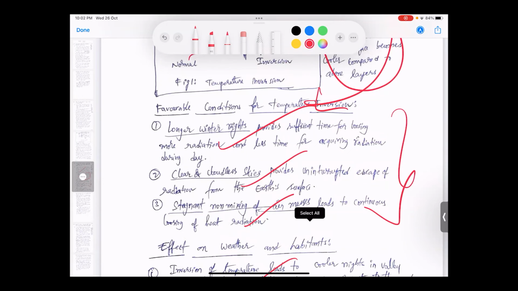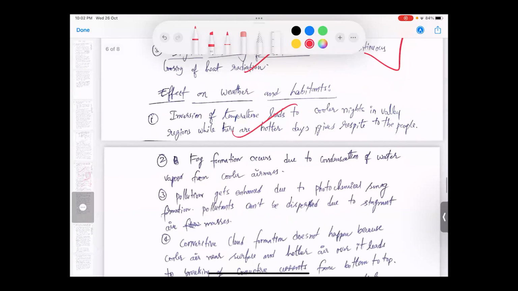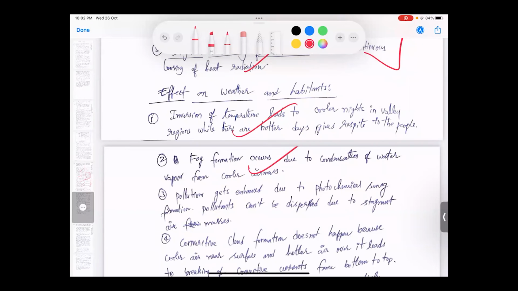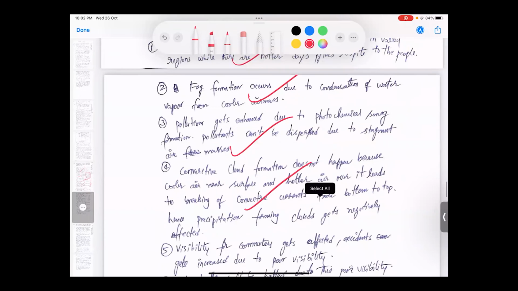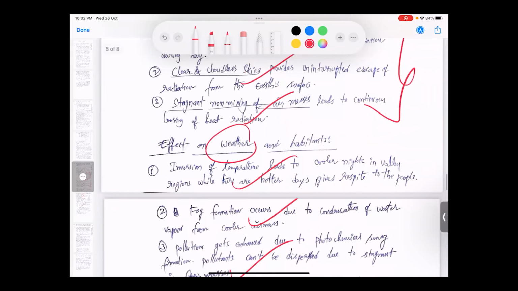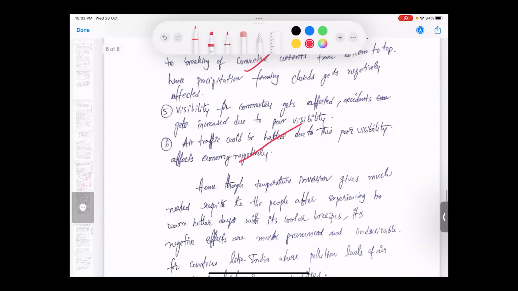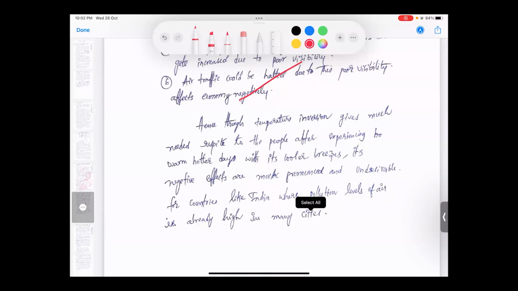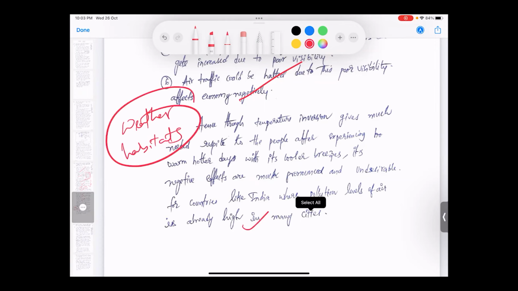This 1-2 lines you can write, Rajni. Okay, sir. Yeah, good effects. You have combined weather and habitants. It's okay, no problem. If you want a much better way of presentation, you can do weather and then habitants. That breakup is also good, but no complaints. It's a good answer, no problem.